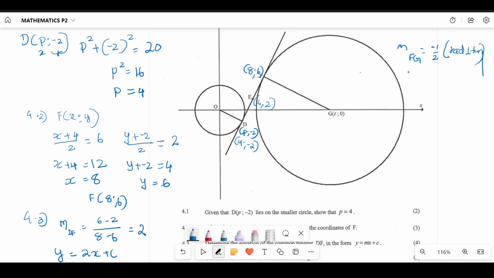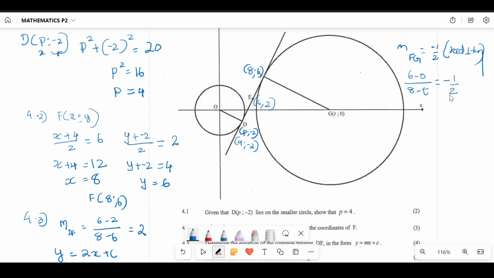What are we asked to find? We are asked to find the value of t. So we can use the gradient formula, y2 minus y1 over x2 minus x1, equal to negative 1 over 2.